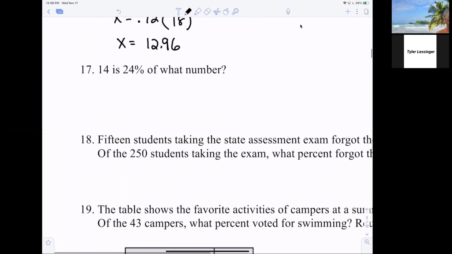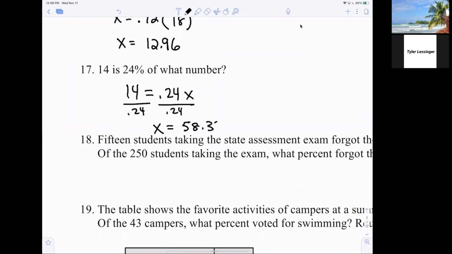Okay, 17. 14 is 0.24x. So I'm dividing by 0.24. Say it, Eddie. 58.33. Are we okay with that? 14 divided by 0.24. Is that right?